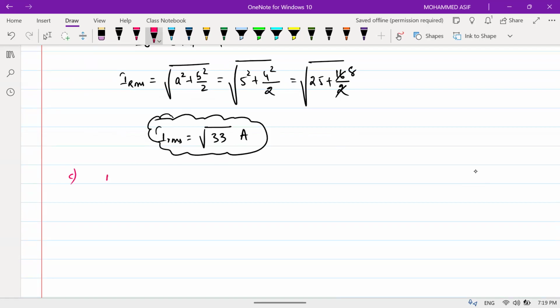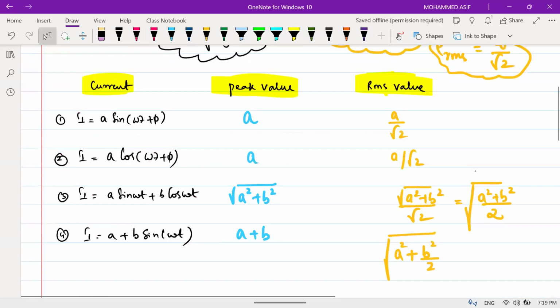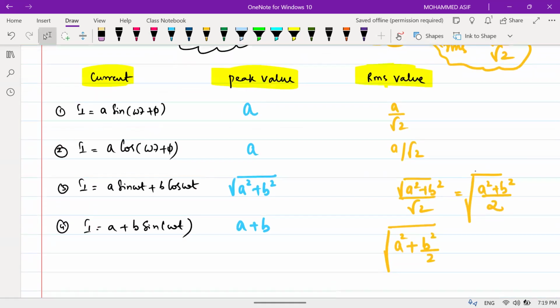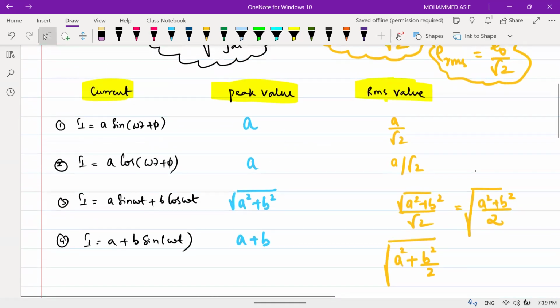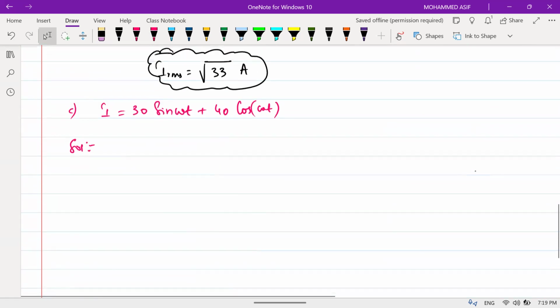If I am giving you the equation something like this, I is equal to 30 sine omega t plus 40 cos omega t, you just need to remember this table better. These 4 tables are given for you now. Just try to remember and practice it. You can find the peak value and RMS value without much confusion.